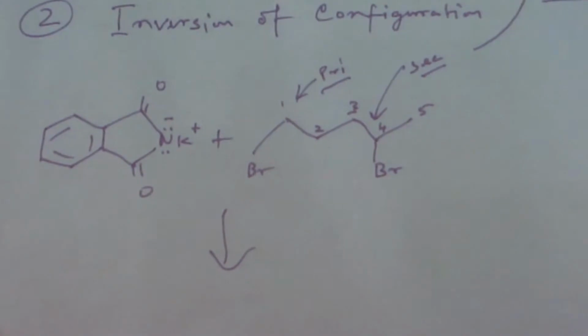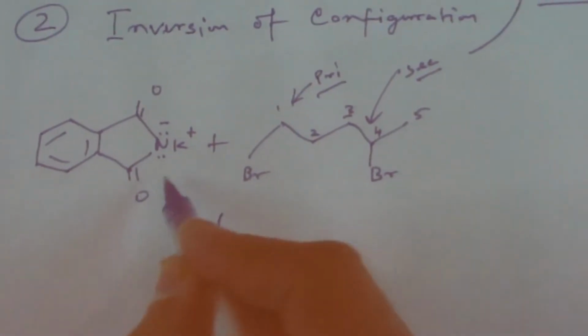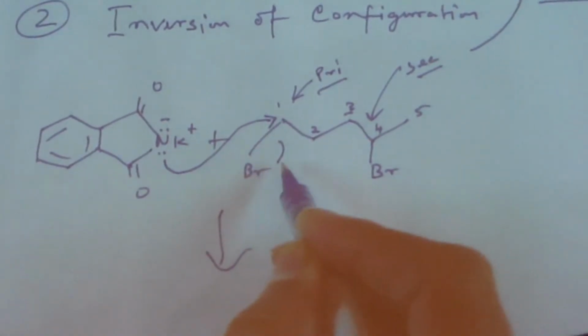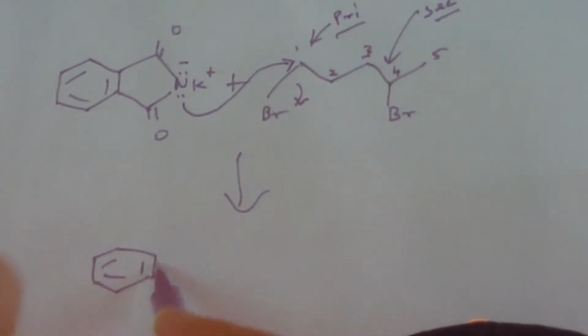And primary has a huge advantage over that. Therefore, the way this reaction will go is that it's going to attack this and pick out the bromine, and you end up getting the resultant product.